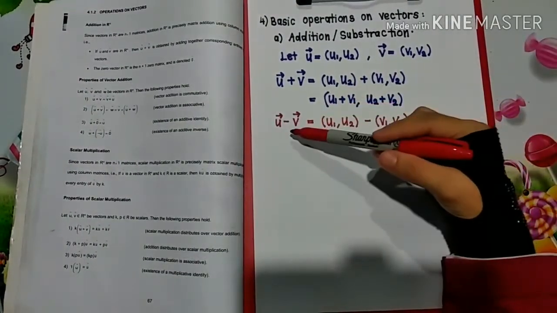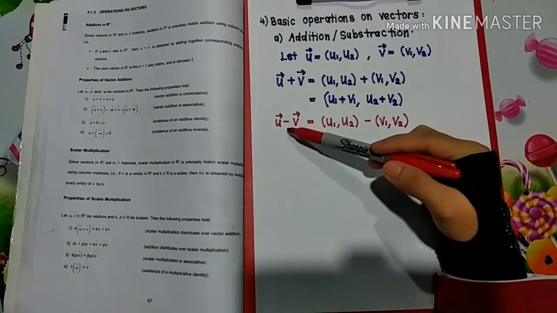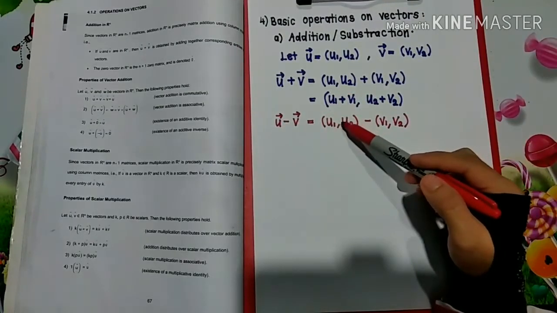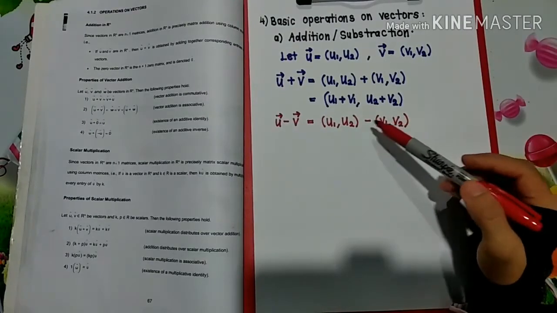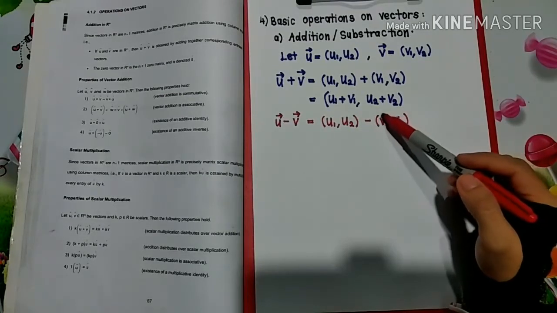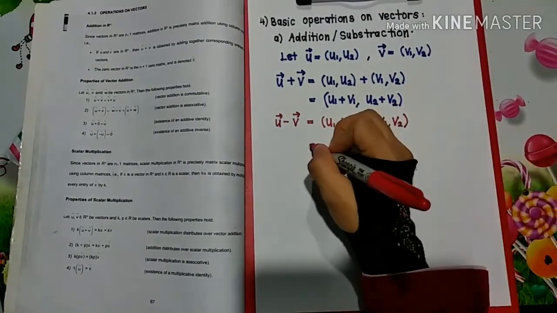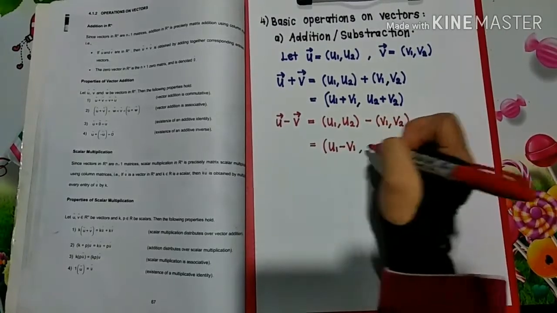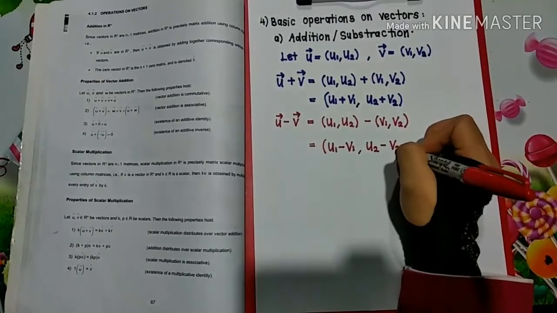How about subtraction? It means vector U minus vector V. Same thing, you write vector U first, and then minus vector V. The first element minus the first element in vector V, so U1 minus V1, and then for the second element, U2 minus V2.